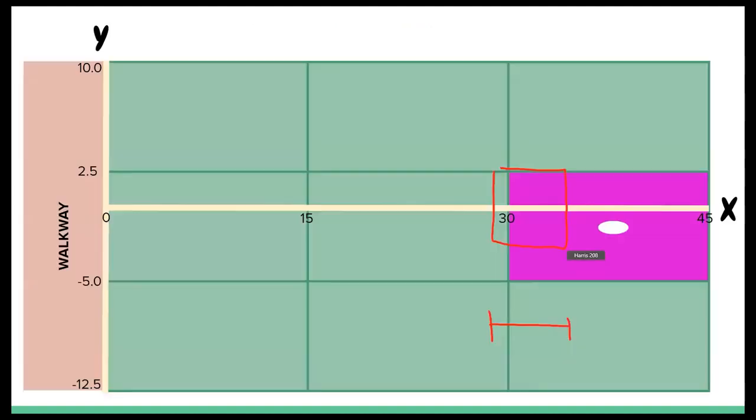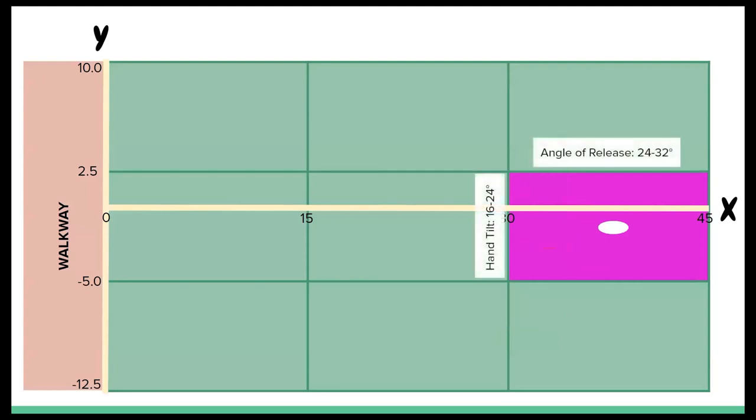So that's where it'd be predicted to land y-wise. And so combining our predictions for the x and y distance, we get that the Frisbee would be predicted to land right in this interval between -5 and 2.5 meters y and 30 and 45 meters x.